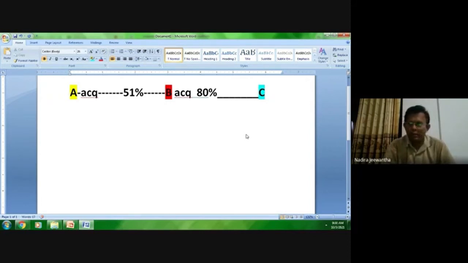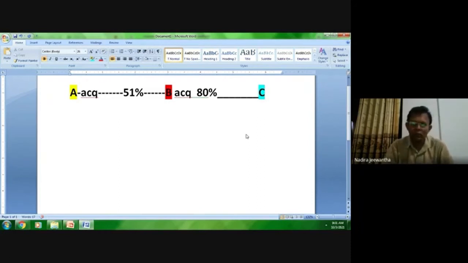So what's the relationship between A and B? A is the acquirer. B is the acquiree. A is the parent. B is the subsidiary. Why subsidiary? More than 50%, ownership is with A. Is it an associate?